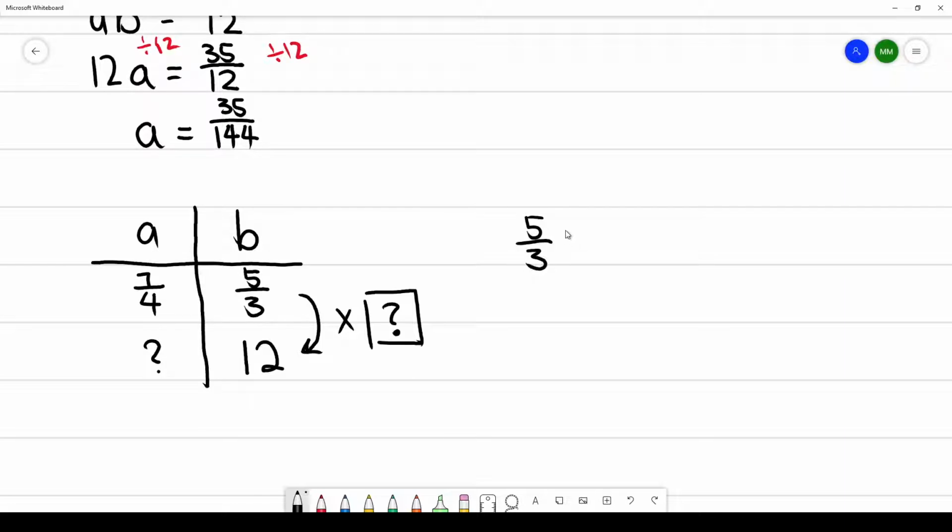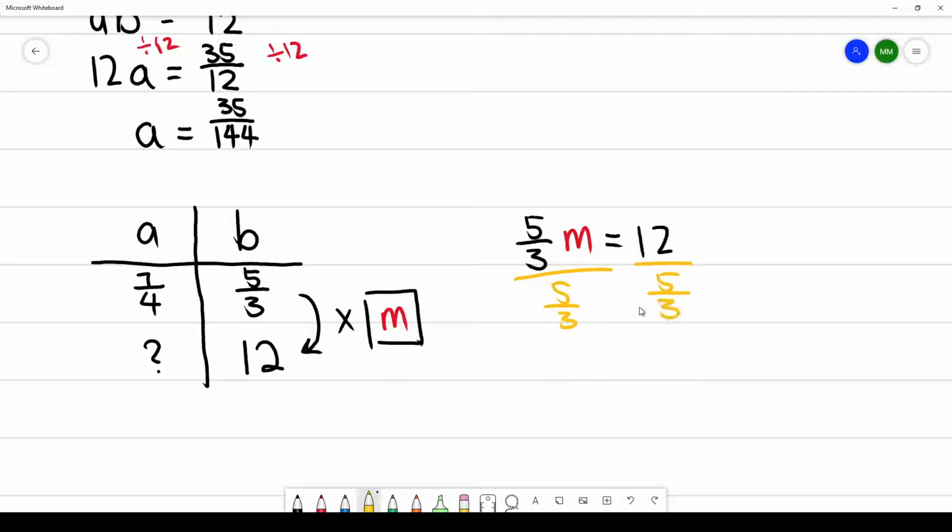So 5 times x, actually, I would not use x. I'll use m as our variable. 5 over 3 multiplied by m is 12. So when you solve this equation, 5 over 3 times m is equal to 12, you divide by 5 over 3 on both sides.